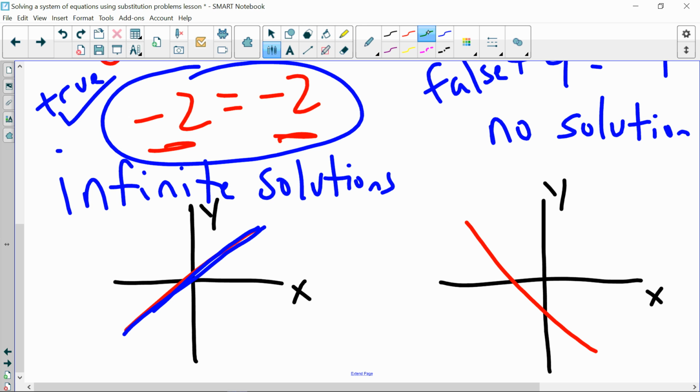If we graph the second line, it would be another line that ran parallel. Those are supposed to be straight. So it would be a parallel line. It would run right alongside of the other line. They would never touch. And remember, the point where lines touch is the solution. So if they never touch, then there's no solution. That's why that's the case.